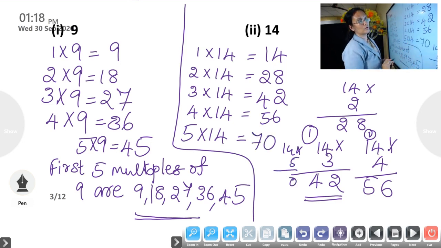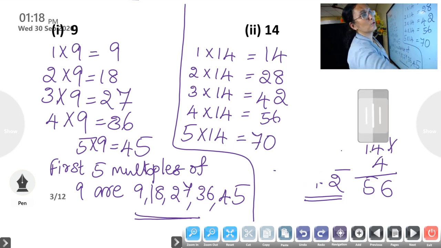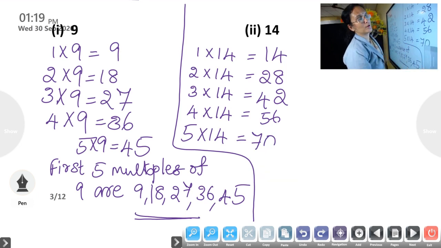Okay. So we got the multiples by doing multiplication. So 1 into 14 is 14. 2 into 14 is 28. 3 into 14 is 42. 4 into 14 is 56. 5 into 14 is 70.